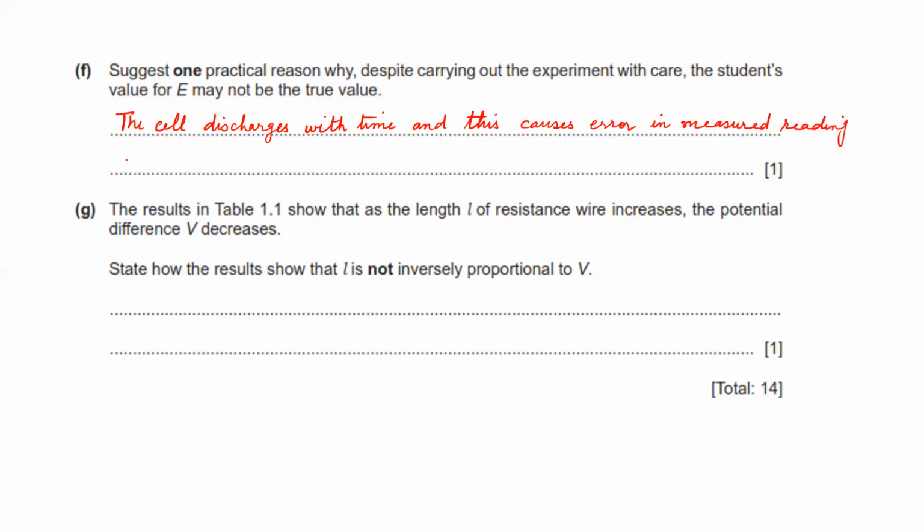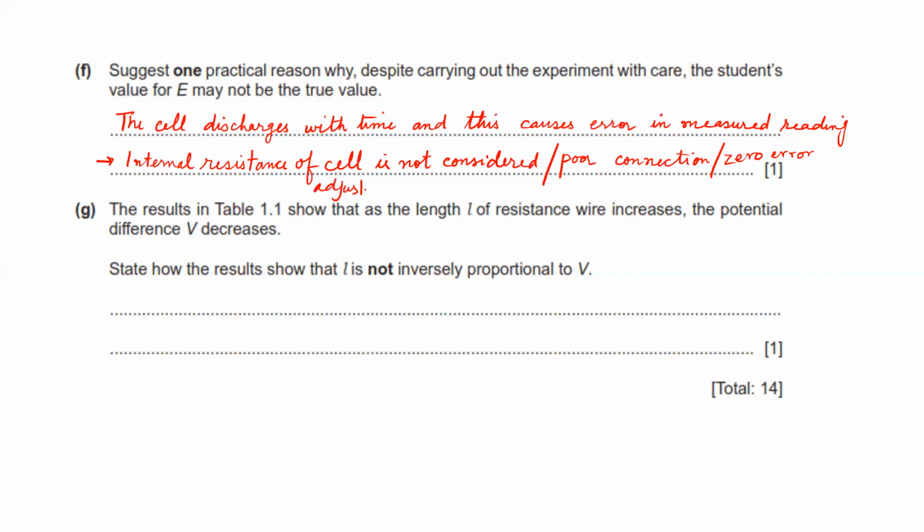Other reasons: internal resistance of the cell is not considered; poor connections, for example, the crocodile clip is not properly connected; zero error adjustment; heating of wire, and things like that.